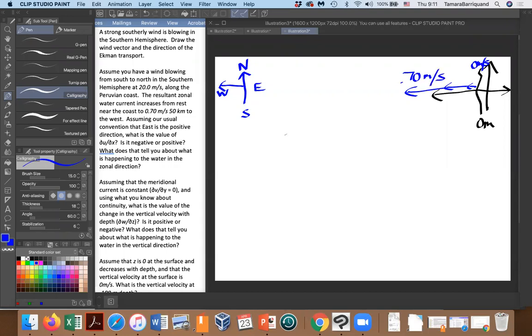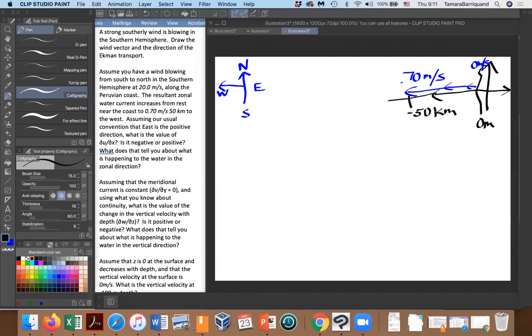And that point is right here on our x-axis at negative 50 kilometers. Of course, it's negative because this is our origin, and we're going to the west in the negative x direction.